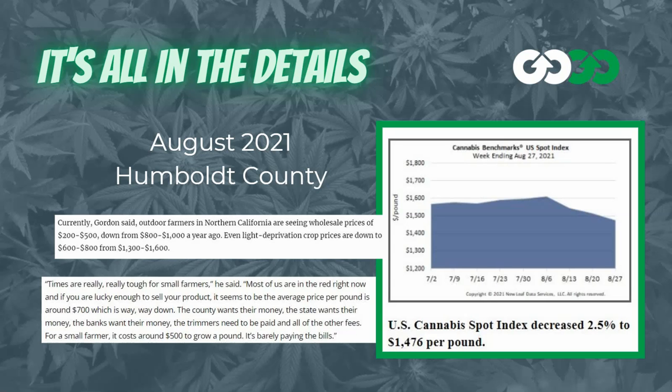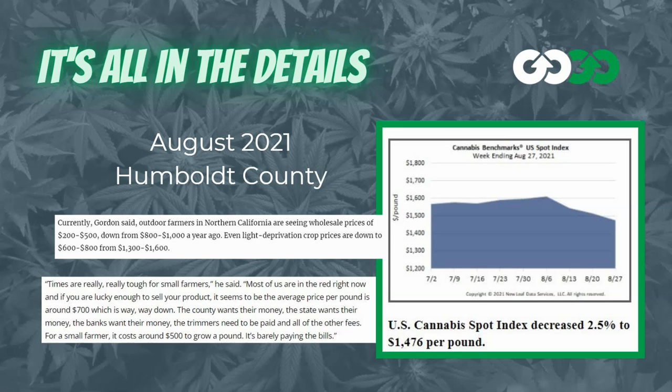The top clip states that outdoor farmers in California are seeing wholesale prices of $200 to $500, down from $800 to $1,000. The second clip at the bottom says the average price per pound is around $700, which is way down. There's a bit of a discrepancy there between $200 to $500 and $700, and $700 to $1,000 from a year ago.